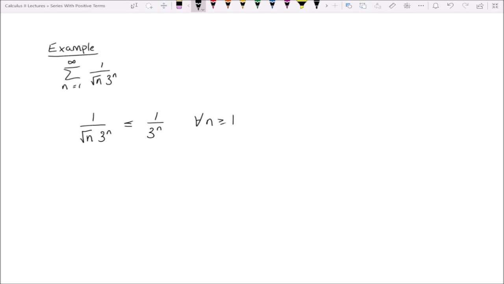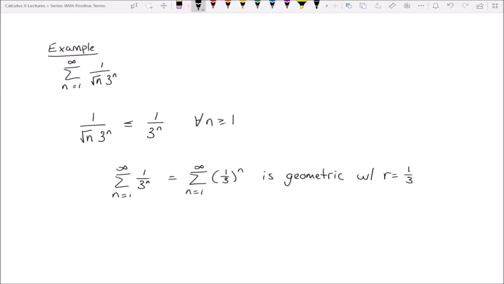Now, let's examine the series n equals 1 to infinity, 1 over 3 to the n. Well, we can rewrite that as the series n equals 1 to infinity of 1/3 all to the n. Notice that this is geometric, with r equal to 1/3 and c equal to 1.